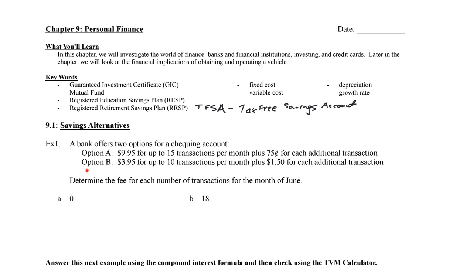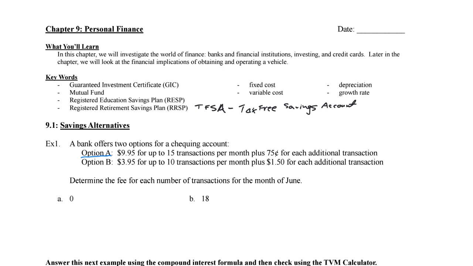And then for option B, imagine it's $3.95 just to open the account and have it there every month. But then you have up to 10 transactions and then you get charged $1.50 for every additional transaction above 10. Now, let's go and determine what the fees are for the transactions for the month of June.